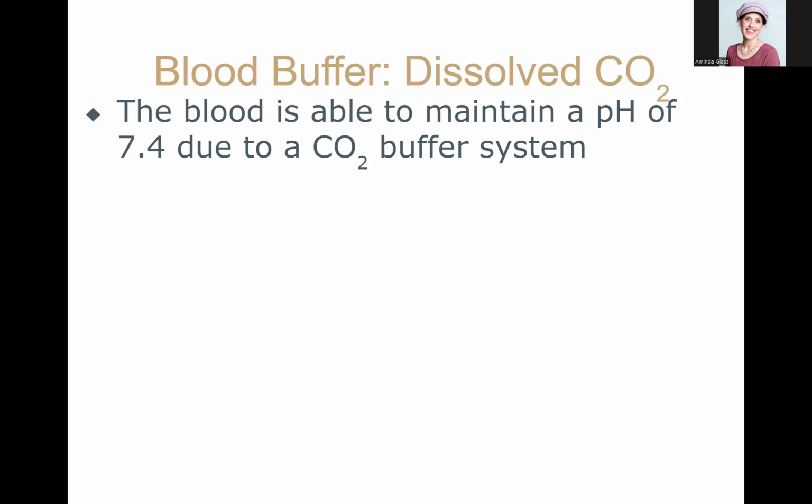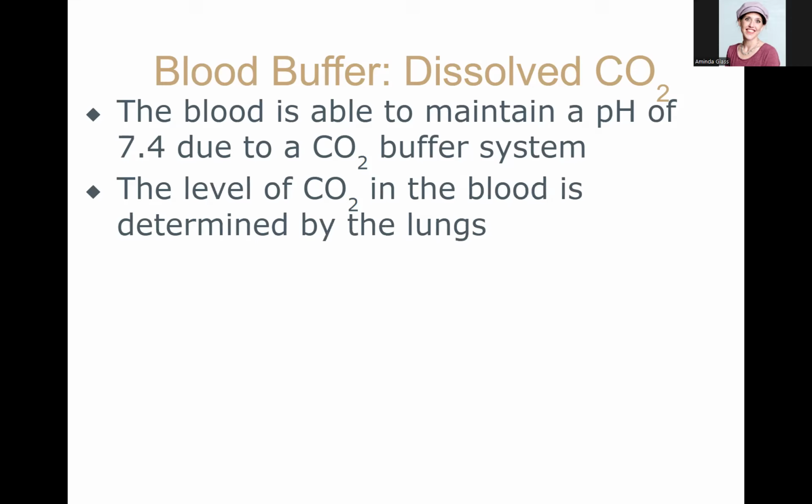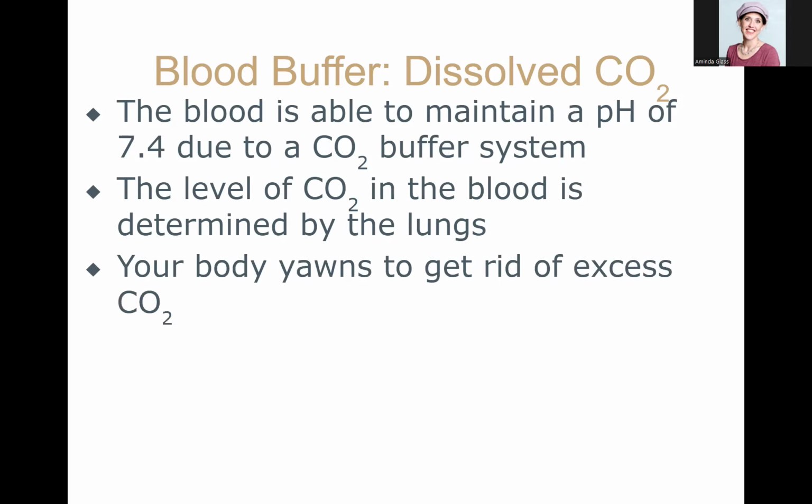So the blood is able to maintain a pH of 7.4 due to a carbon dioxide buffer system. Now, the level of carbon dioxide in the blood is determined by the lungs. Your body yawns to get rid of excess carbon dioxide.